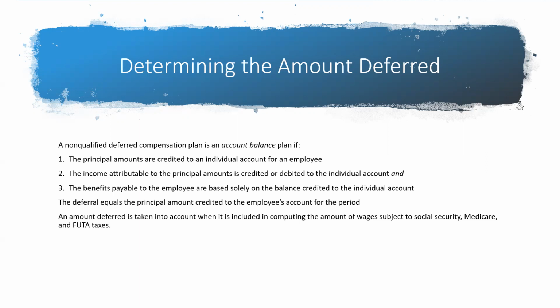When are those deferred amounts taken into account? When it is included in computing the amount of wages subject to Social Security, Medicare, and FUTA. However, this is true only to the extent that any additional taxes, penalties, and interest resulting from the inclusion are actually paid before the expiration of the applicable period of limitation for that year.